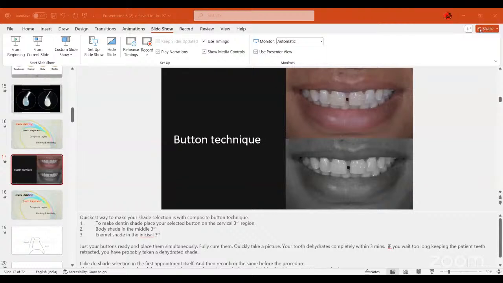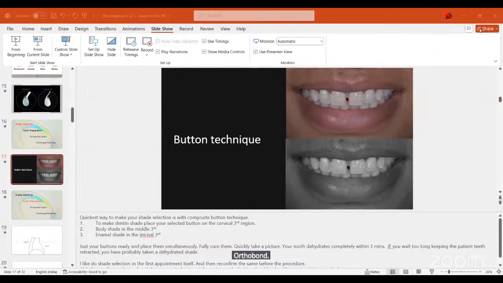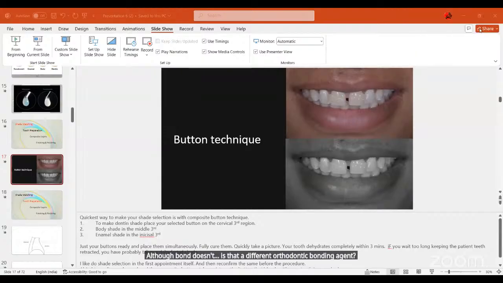Ma'am, can I place ortho bond in between if the midline diastema space is 2.5 or more? Which ortho bond? Is that a different orthodontic bonding agent? Yeah, ortho bond with wire, a splinting wire or any type of wire we can place in between the midline spaces.